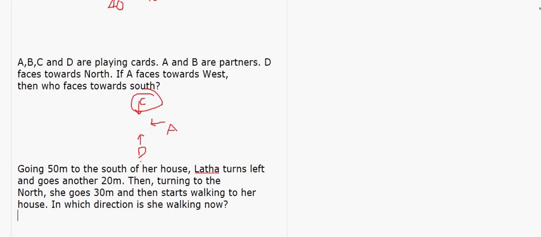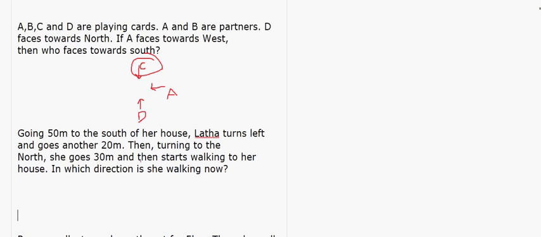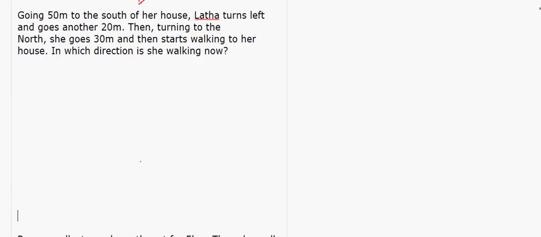Now let's go to next question, which says, going 50 meters to the south of her house. So south is downwards, 50 meters south of her house, this direction.